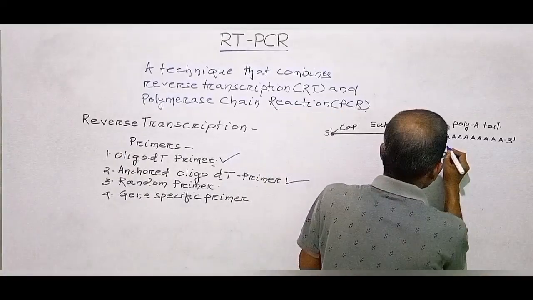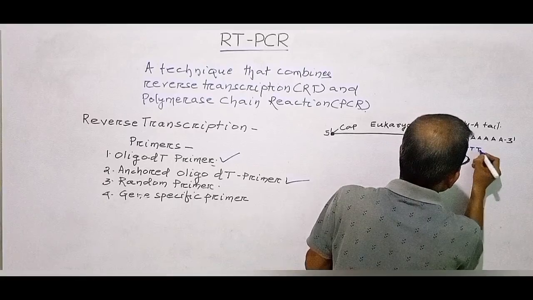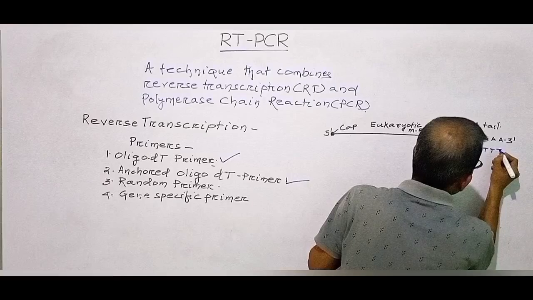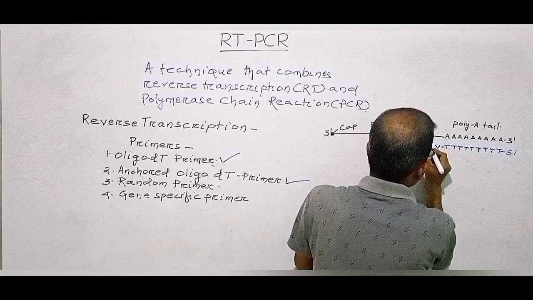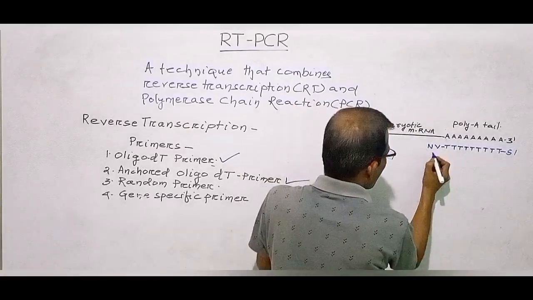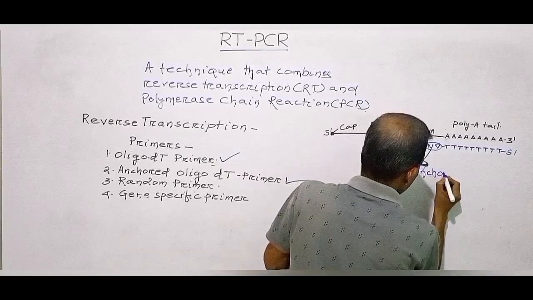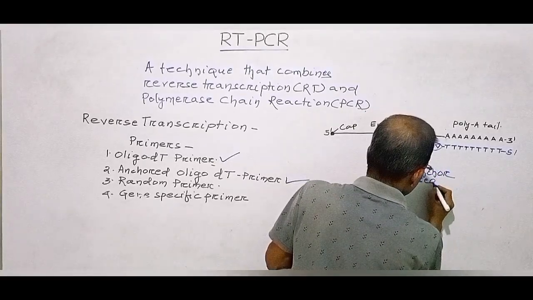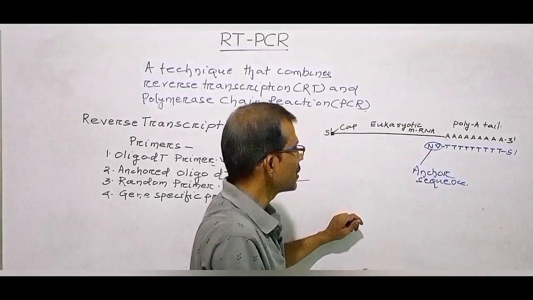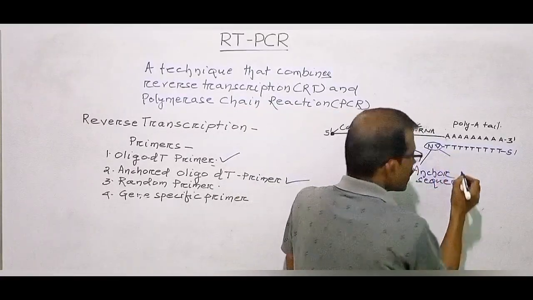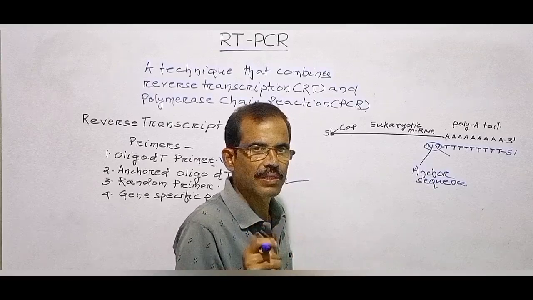Anchored oligo-dT primer consists of a string of deoxythymidylic acid followed by 2 additional nucleotides, VN. These 2 nucleotides form the anchor sequence. Out of two nucleotides, V can be deoxyadenylic acid, deoxyguanylic acid, or deoxycytidylic acid.